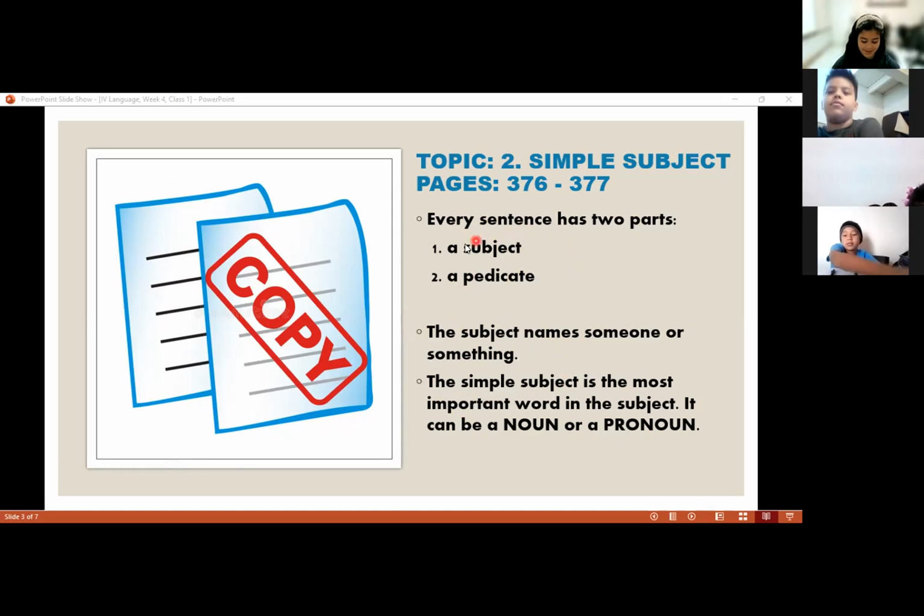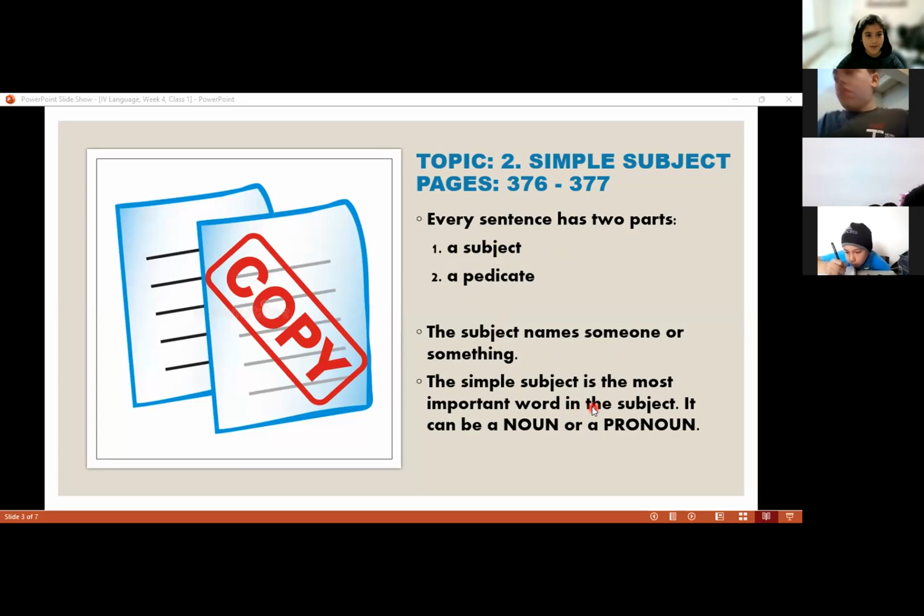Don't worry. Okay. Every sentence has two parts, subject and predicate. A subject names someone or something. It can be a person, an object or an animal. But the simple subject is the most important word in the subject. In the subject, we can have two words or just one word.